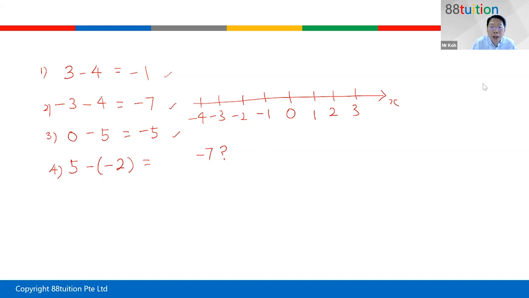Unlock quietly tell me the answer. Kaden, are you with me? Okay, so instead of -7, the answer is 7.